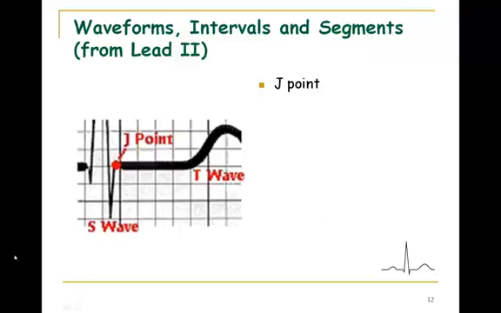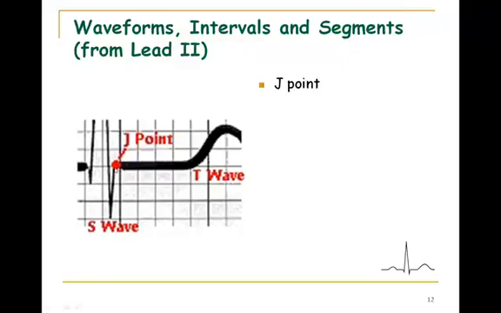Now, following the QRS complex, at the very end of the QRS complex, we have what we refer to as the J point. This is the point at which the QRS complex returns to baseline. The J point is a very important landmark for all of us. The J point is always zero potential. It's always a point where no current is flowing.